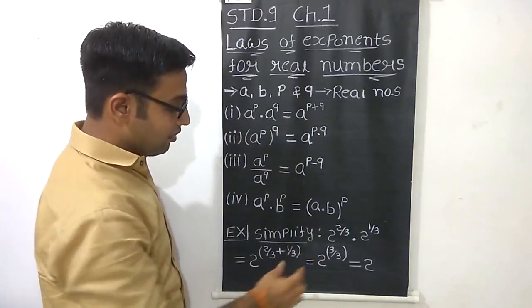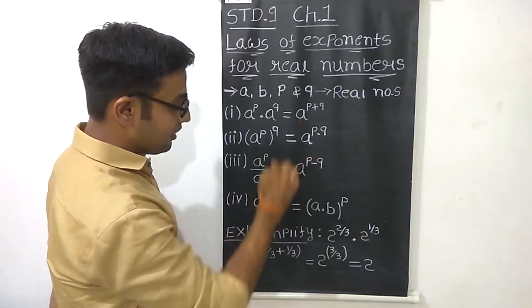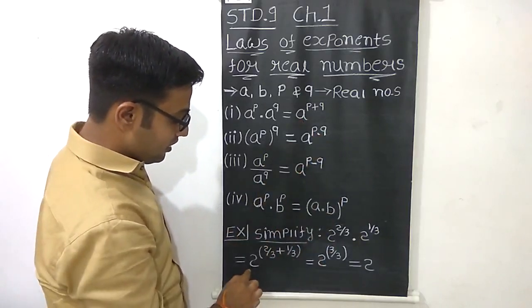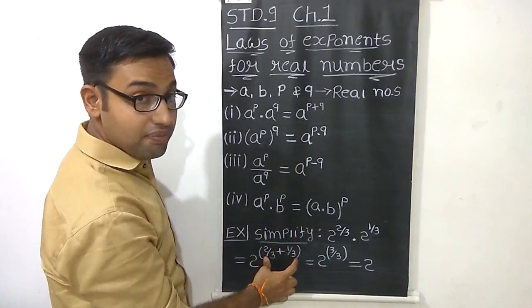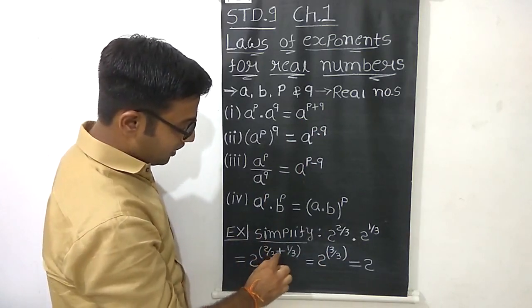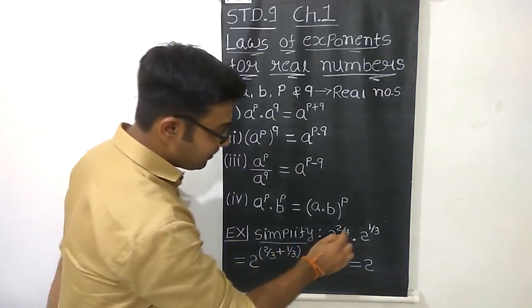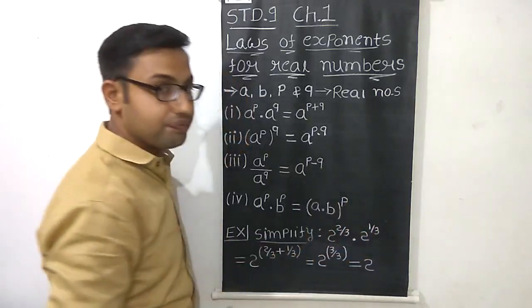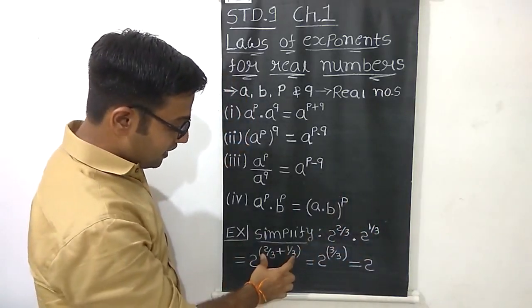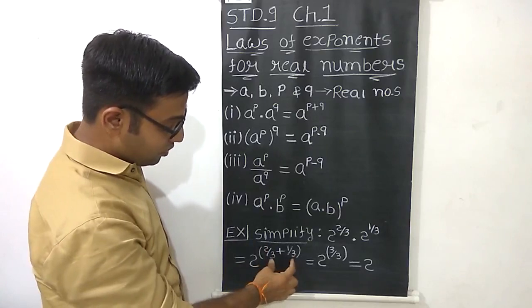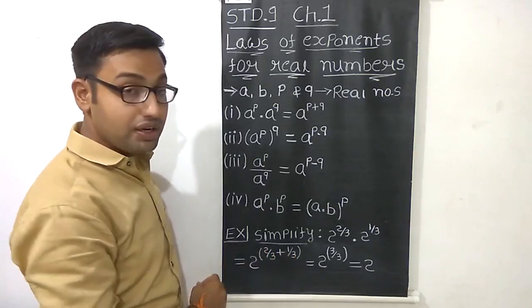We write the base and then add the powers: 2 upon 3 plus 1 upon 3. First we check the denominators.